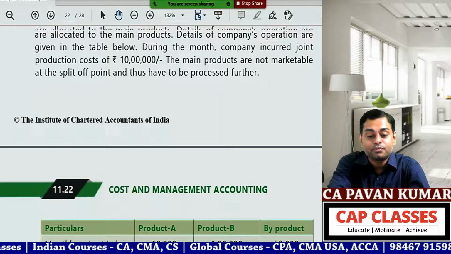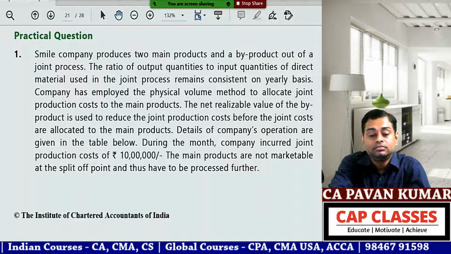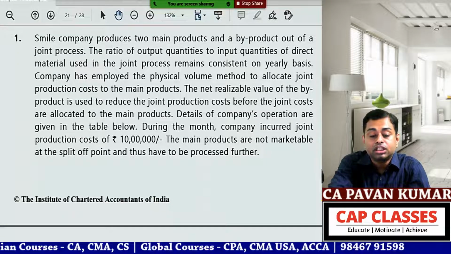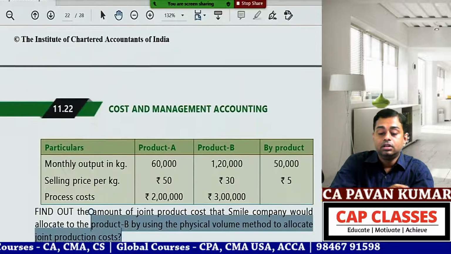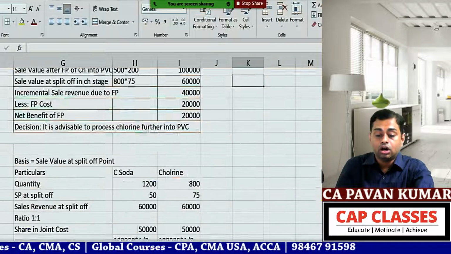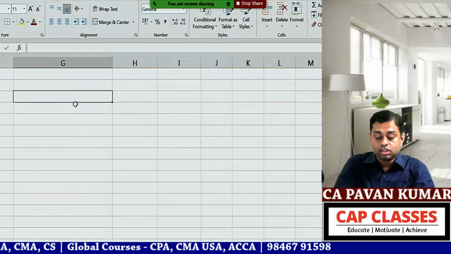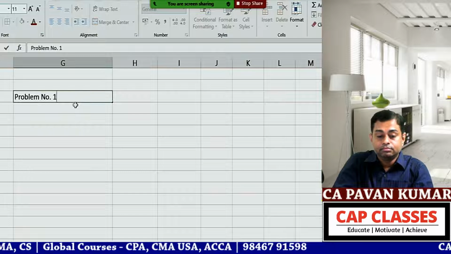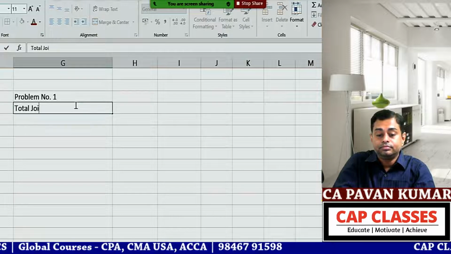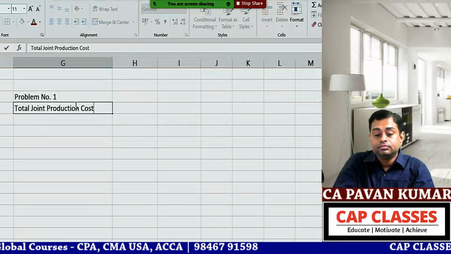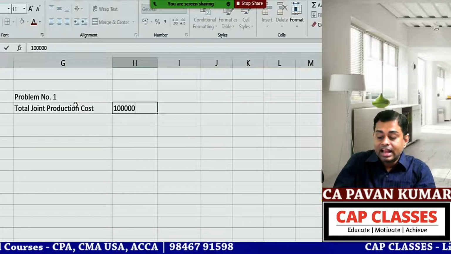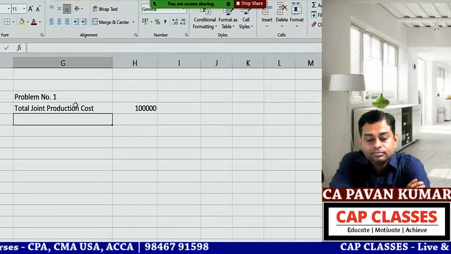Write down. Total joint production cost. Total joint production cost. Problem number 1. 10 lakhs, ma? Yes, sir.